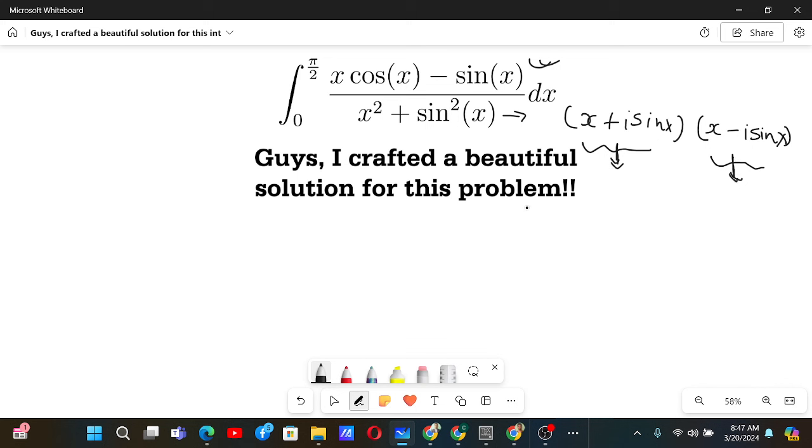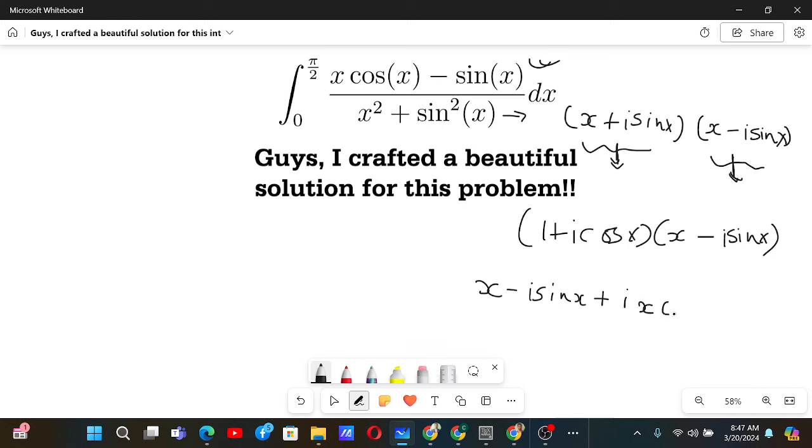I thought like that, and I tried to see what happens. 1 plus i cos x and then x minus i sin x. Now while multiplying, x and then minus i sin x plus i times x cos x and then plus i squared and then minus, that becomes plus eventually sin x cos x. Okay, so we get this expression.